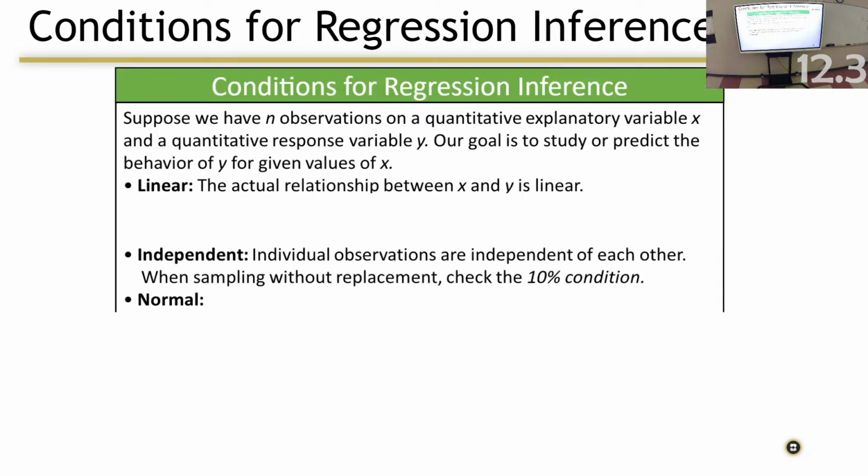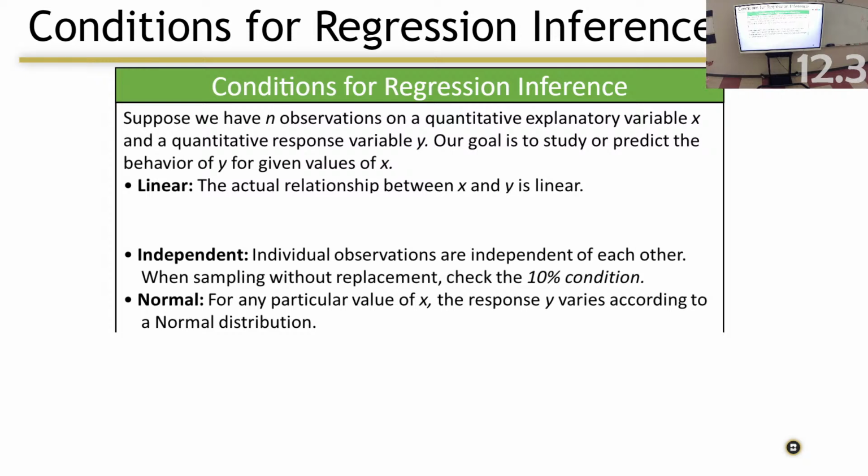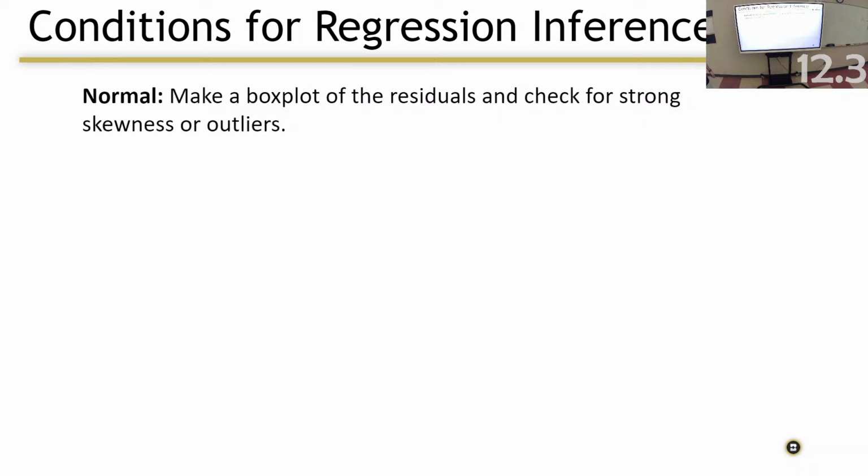Normal: for any particular X value, we want the response to follow a normal distribution. Here's what we mean by that. You want to make a box plot of the residuals. Now, for homework, you don't have to make it. It will be made for you.